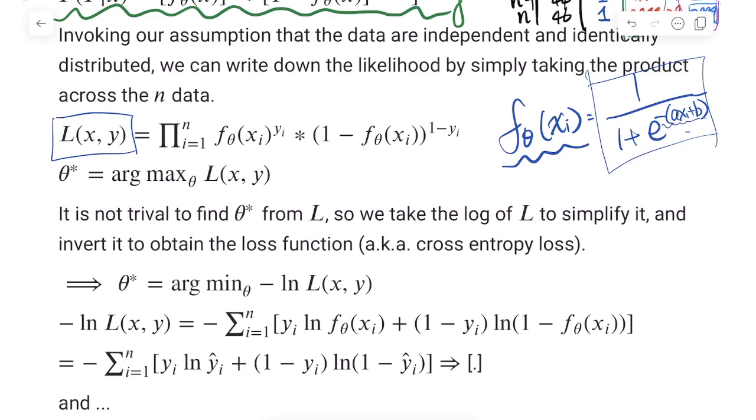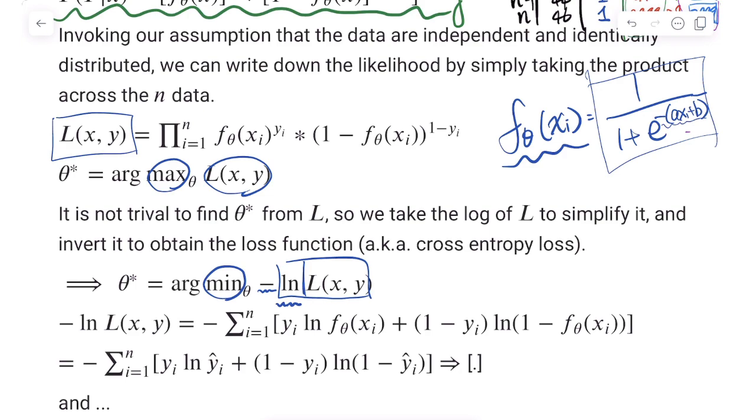In order to find the maximum value of this likelihood, we can simply calculate the minimum value of the minus likelihood. It is the same. Finding the maximum likelihood is exactly the same as finding the minimum minus likelihood.